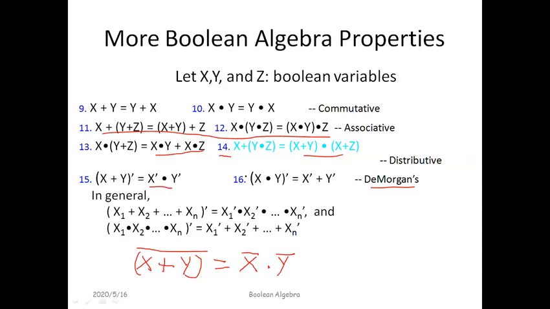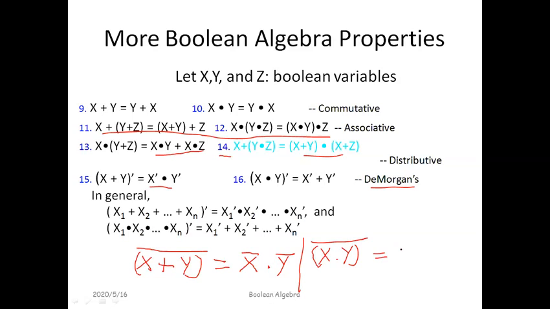Then number 16. Number 16 is x dot y in brackets inverted. So this means, in De Morgan's laws, the dot will have to be converted into a plus.